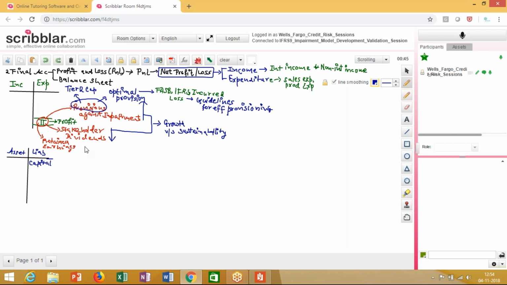Now the accounting equation says that the assets that the bank has should be equal to liability plus capital.